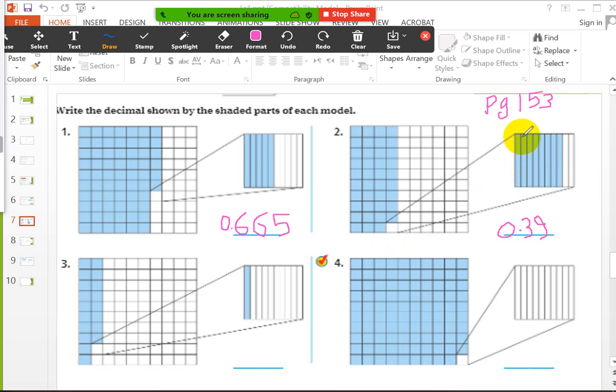Let's count the number of shaded parts. 1, 2, 3, 4, 5, 6, 7, 8. I have here 8 shaded parts. That means it will be 8 in the thousandths. So the final decimal number will be 0.398 thousandths.